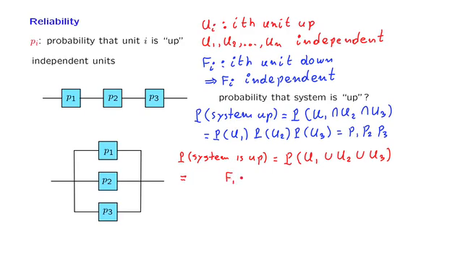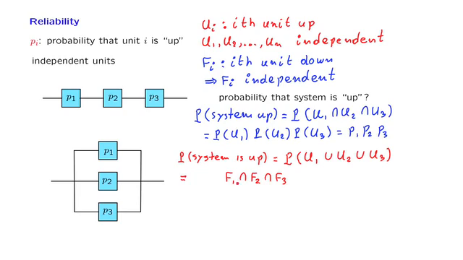Let us look at this event, that unit 1 fails, and unit 2 fails, and unit 3 fails. What is the relation between this event and the event that we have here? They are complements. Why is that? Either all units fail, which is this event, or there exists at least one unit which is up.